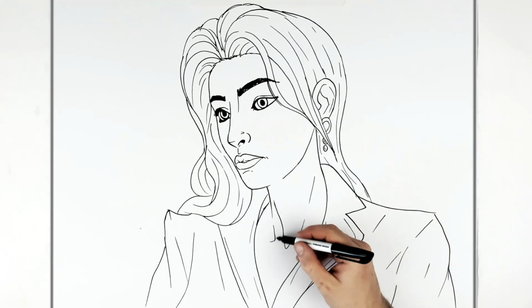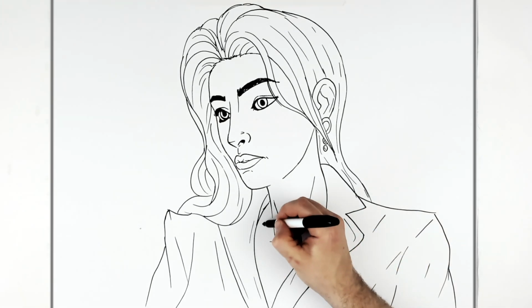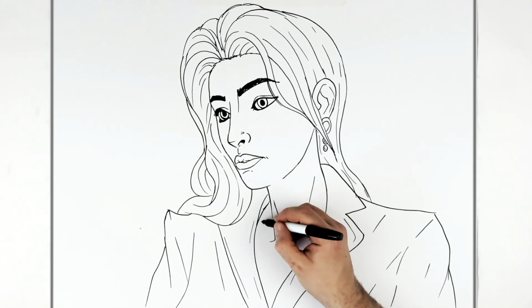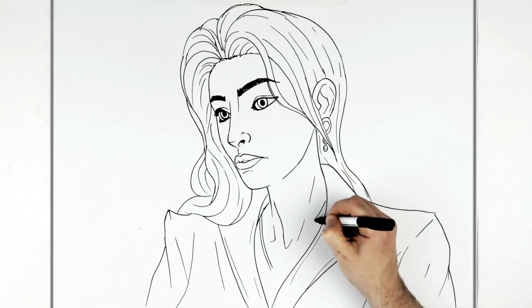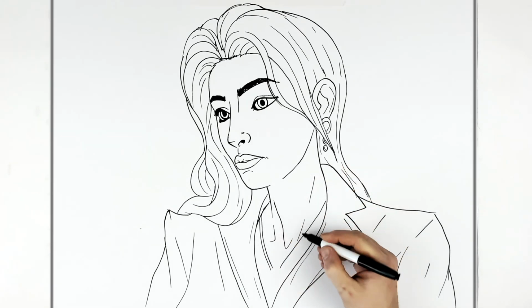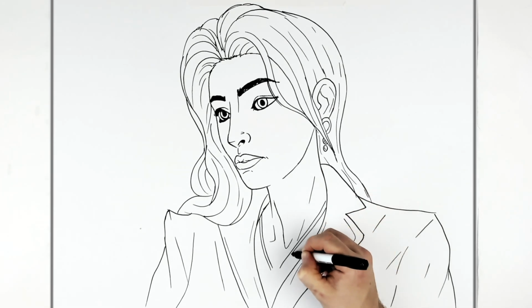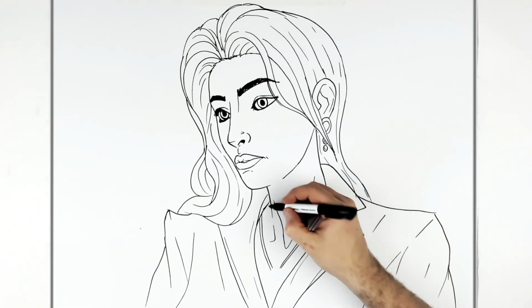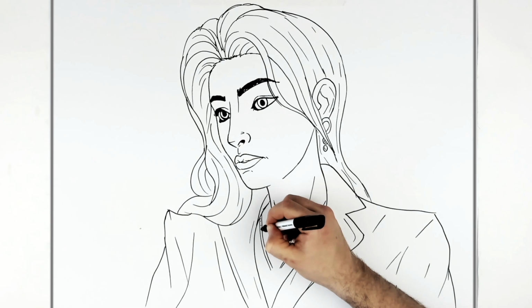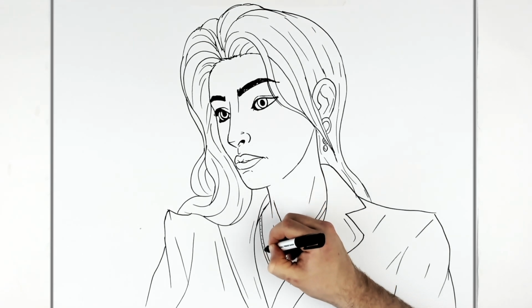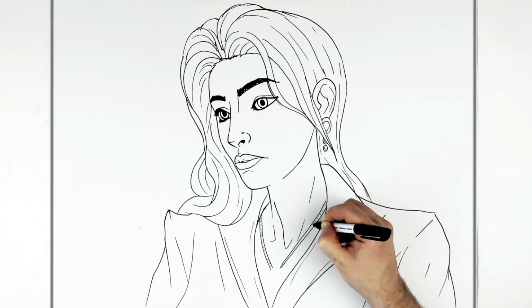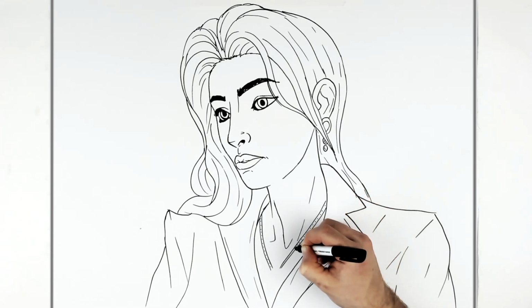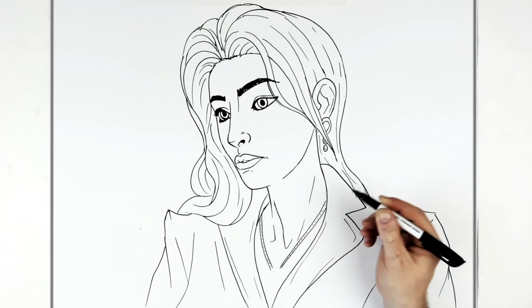And she has a snowflake sort of necklace on, right? So we'll go for the chain, just going down this way. And then on this side, down there. And this seems to have dots.